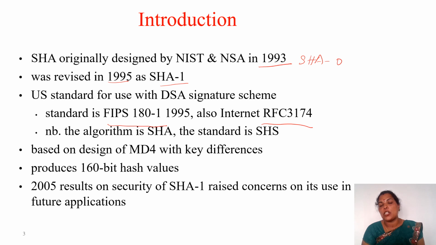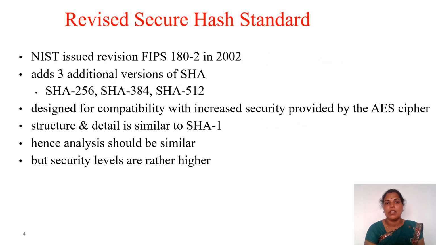In 2005, the results on the security of SHA-1 raised some concern, and since it is used in future applications as well, they revised SHA-1 to SHA-2, and in SHA-2 there are 3 variants. Let us see that. NIST issued a revision in FIPS 180-2, earlier it was 180-1, now it is 180-2, in 2002.